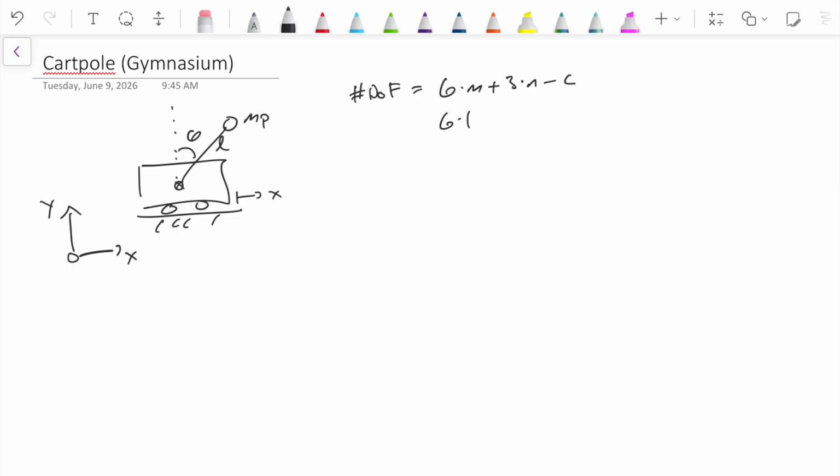So we know we have one rigid body and we have one particle, and currently, I guess, an unknown amount of constraints. So the rigid body, though, can be described in X, Y, Z, and then we have roll, pitch, yaw.